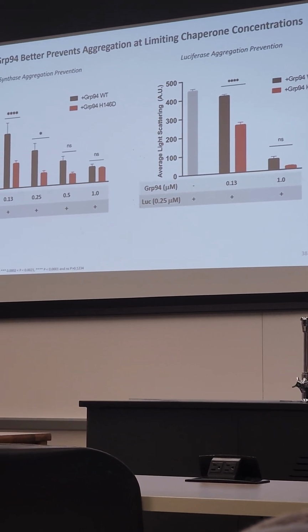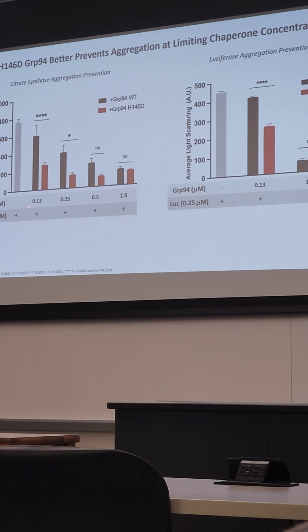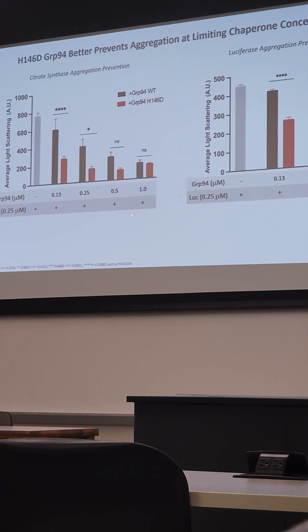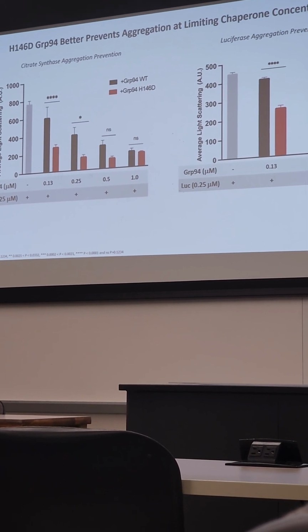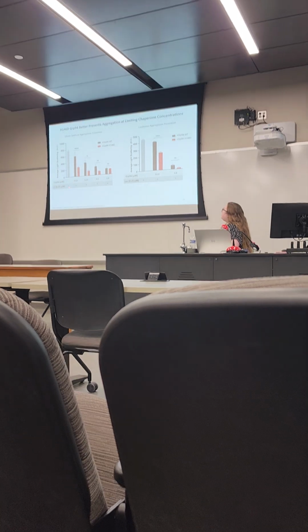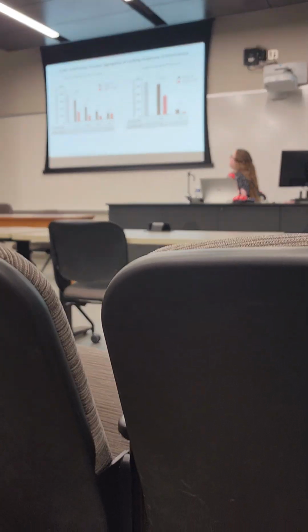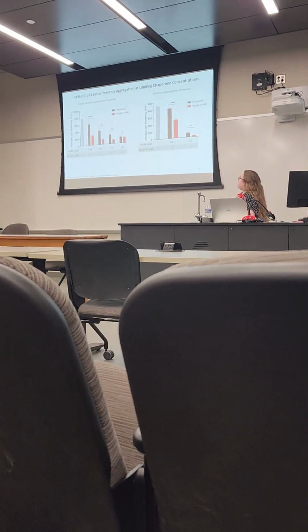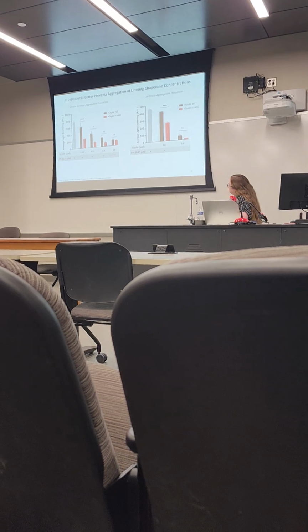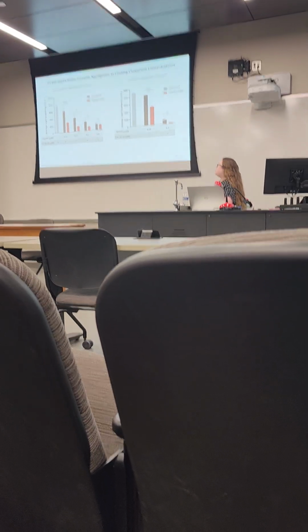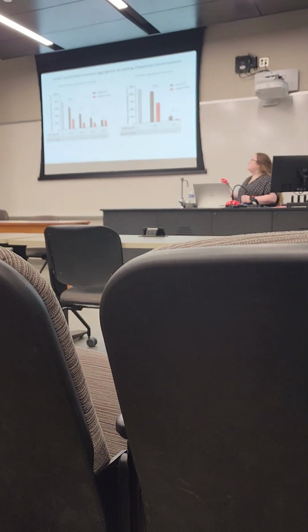In our light scattering assays, we used GRP94 at both limiting and saturating chaperone concentrations, meaning that at limiting chaperone concentrations, there is less GRP94 than client present, versus saturating conditions where there is more GRP94 present than client.